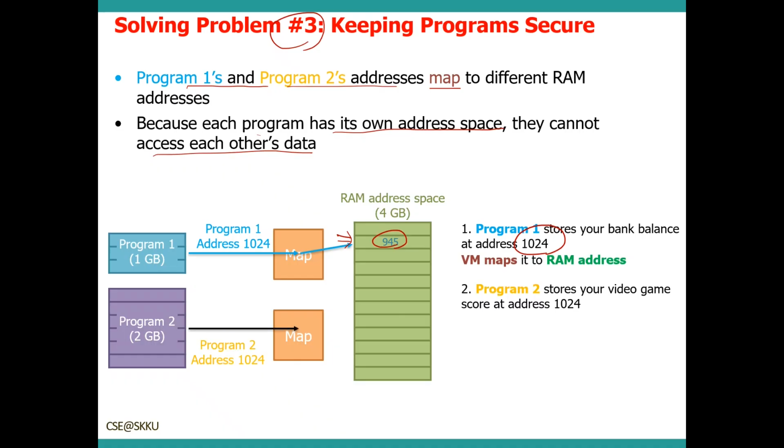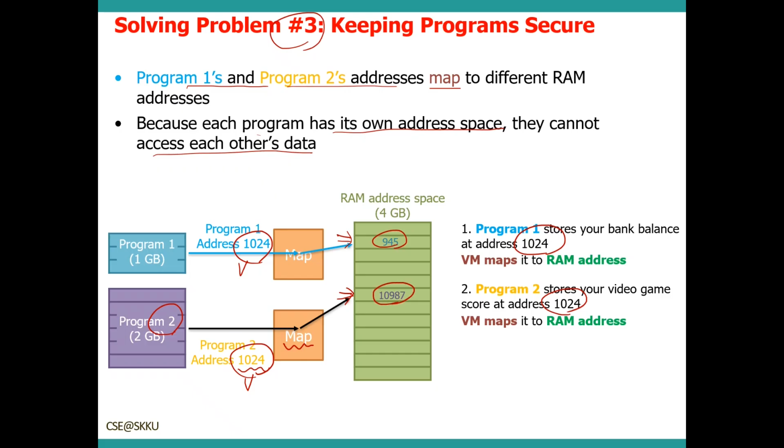If program 2 stores some data at the same address, so actually this address is a virtual memory address. Okay, so this is virtual. Because program 2 uses its own mapping, this virtual address can be mapped to another physical memory location. So this data can be written here.